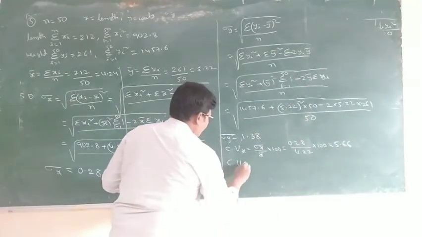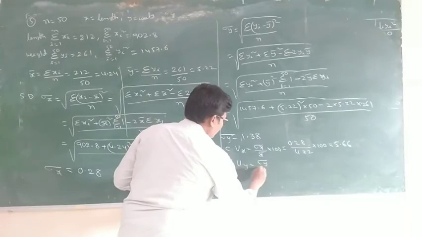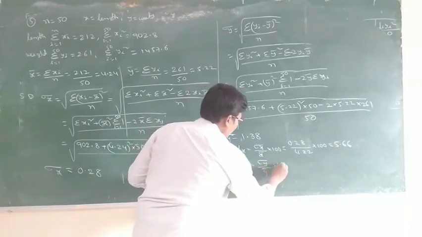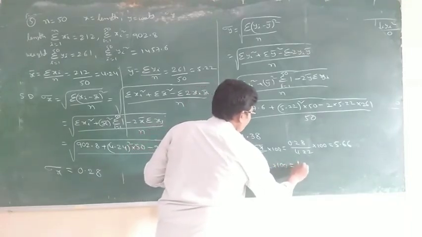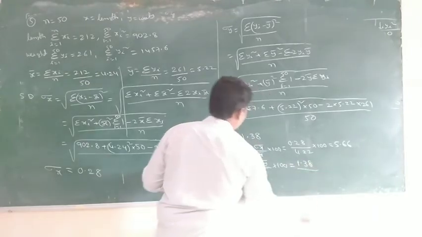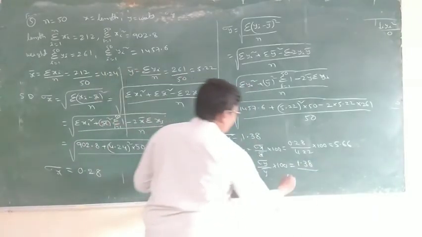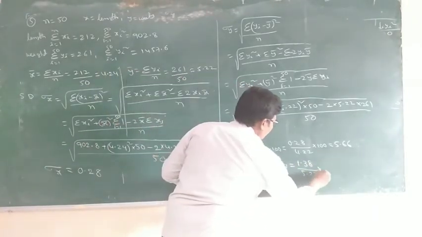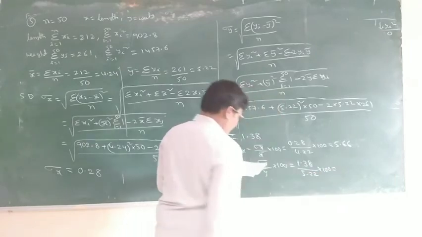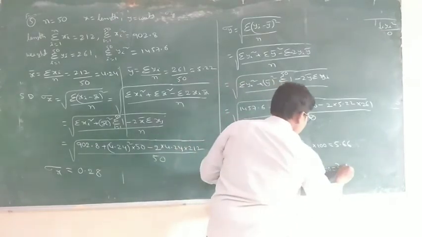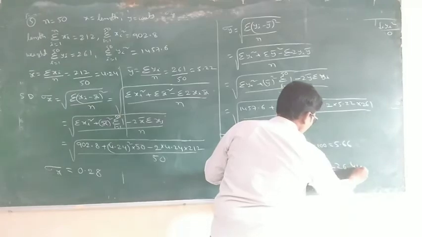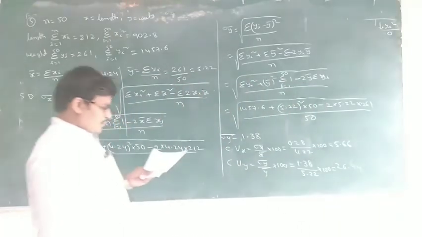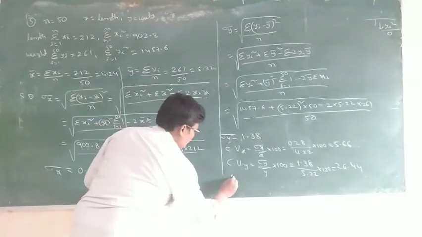Coefficient of variation of y is equal to σy by y bar into 100. σy is 1.382 by y bar, which is 5.22, into 100. So this value is nearly 26.44.